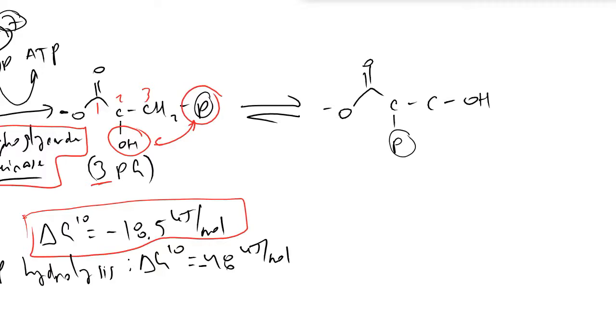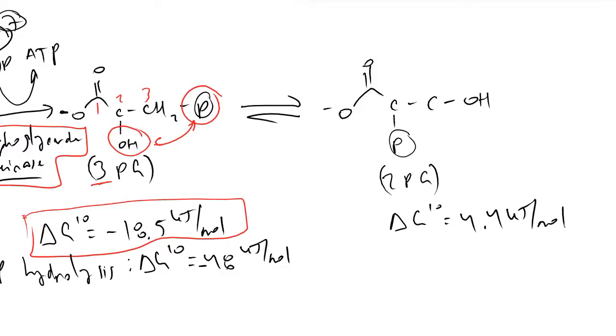And this molecule that we have just created is correctly named 2-phosphoglycerate, so 2PG. And the standard Gibbs free energy of this reaction is 4.4 kilojoules per mole.